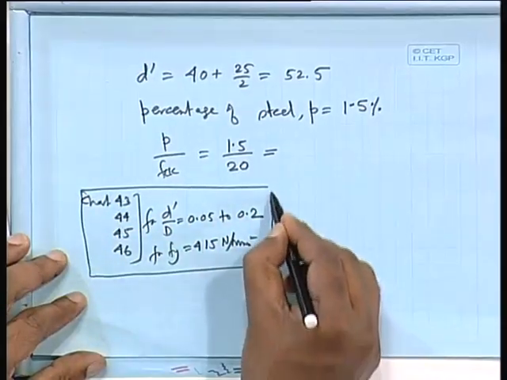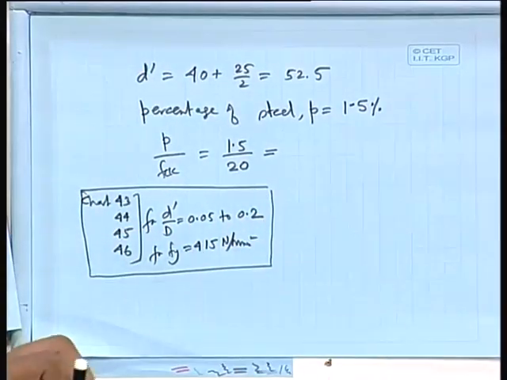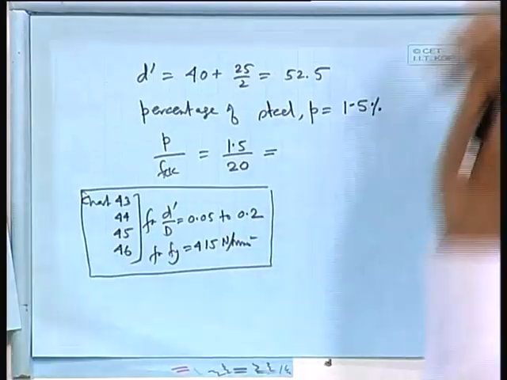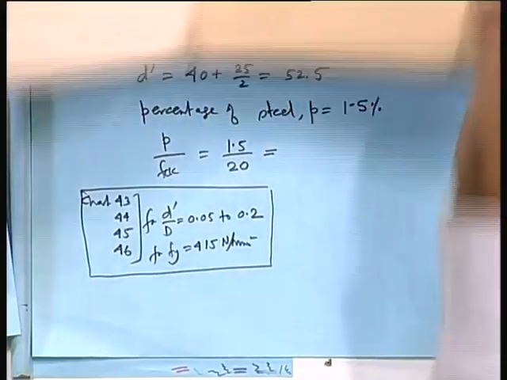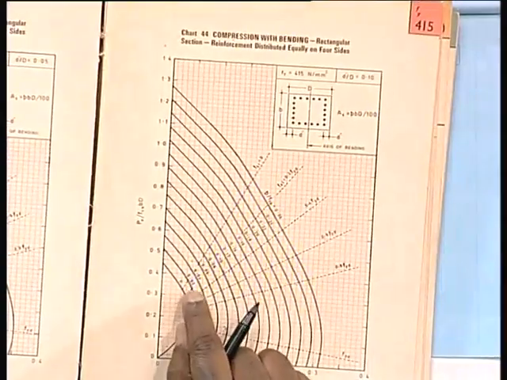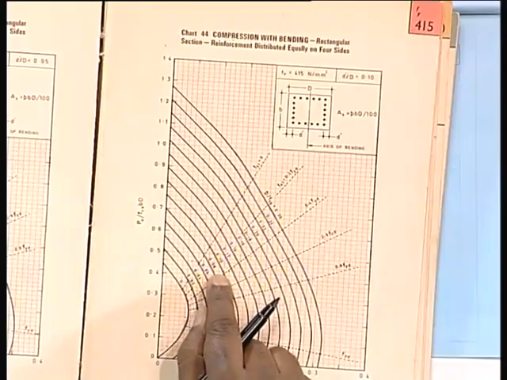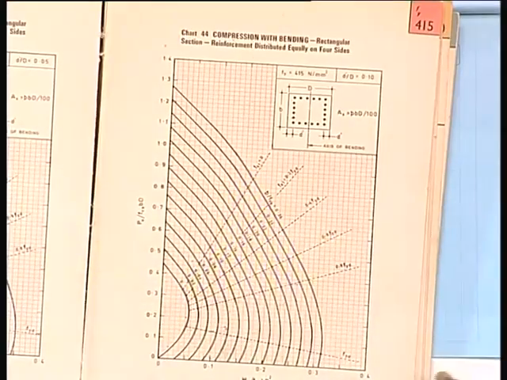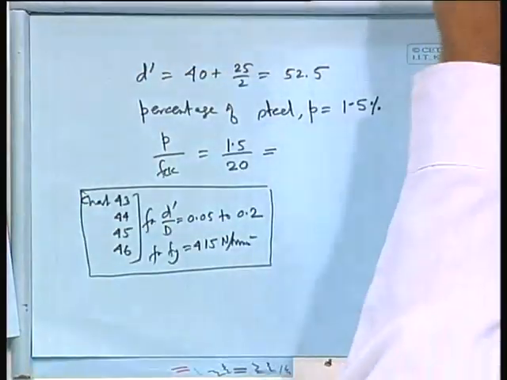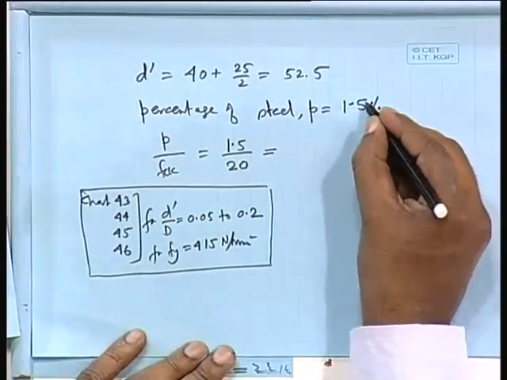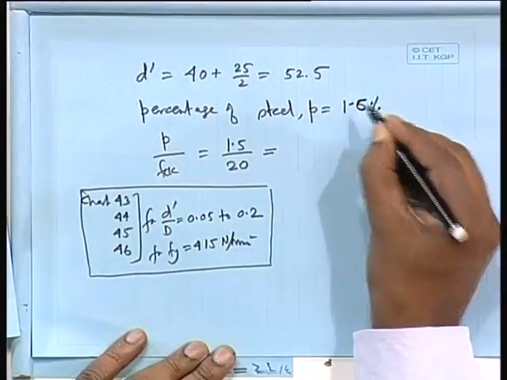Now, what about the tricky thing? 1.5 by 20 means it will be 0.075. But in SP16, it gives 0.02, 0.04, 0.06, 0.08 in this fashion. That is why, instead of taking 1.5%, let us take 1.6%, because we are assuming.